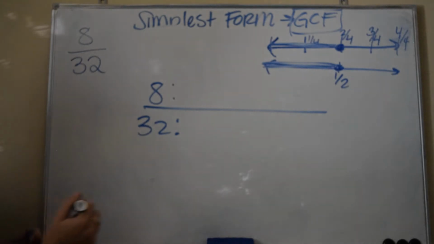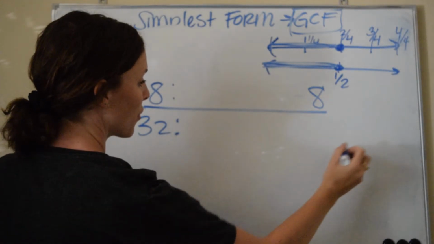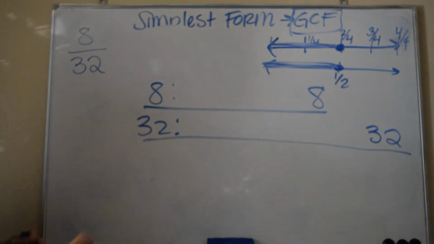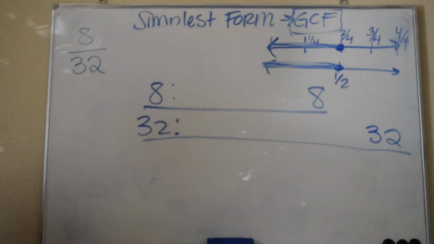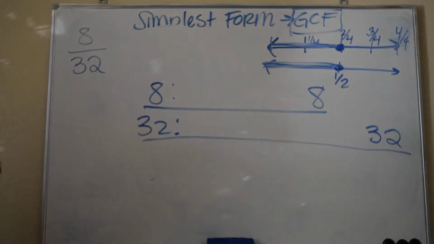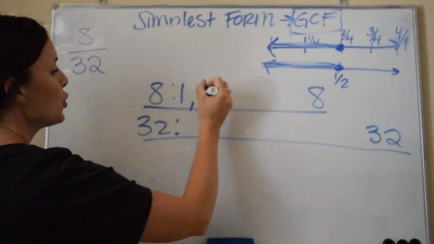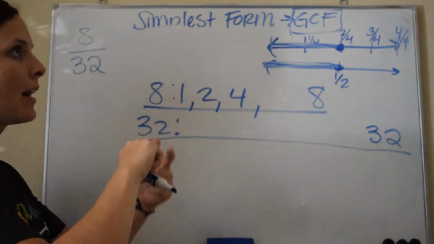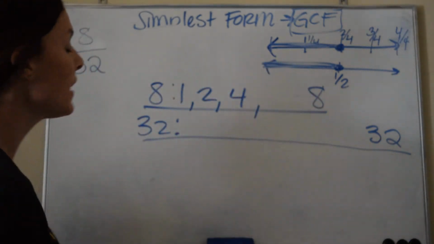Now, the best thing for you to keep track of is that 8 is the highest I can go and 32 is the highest I can go, because I'm doing numbers that multiply up and give me my 8 or my 32. So I'm going to start at 1. 1 times 8 gives me 8. 2 times 4 gives me 8. 5, 6, and 7 don't multiply to 8. So those are all my factors of 8.